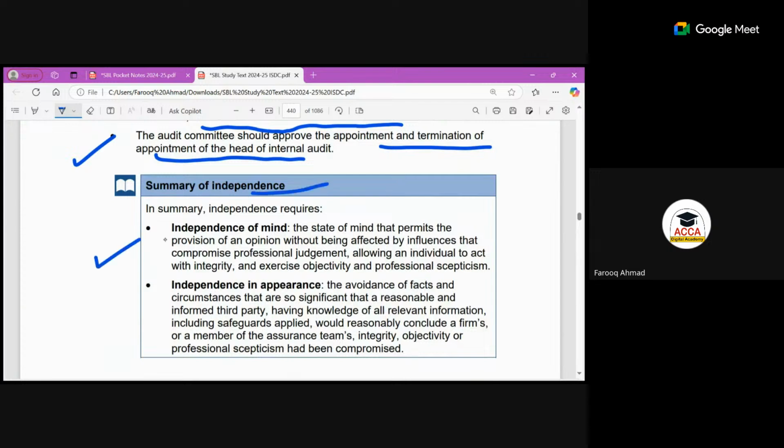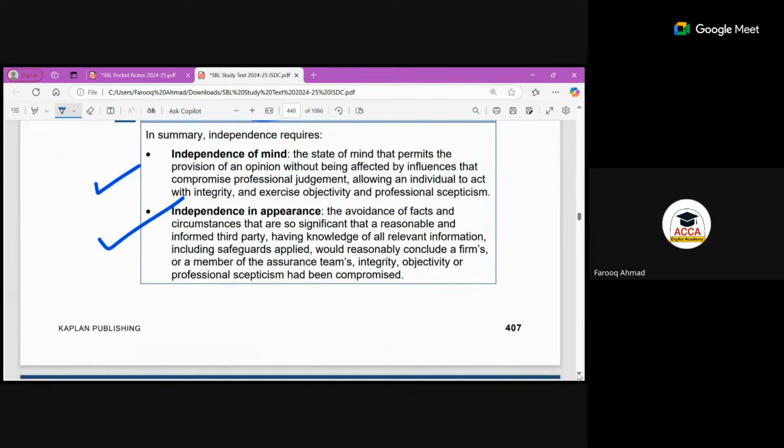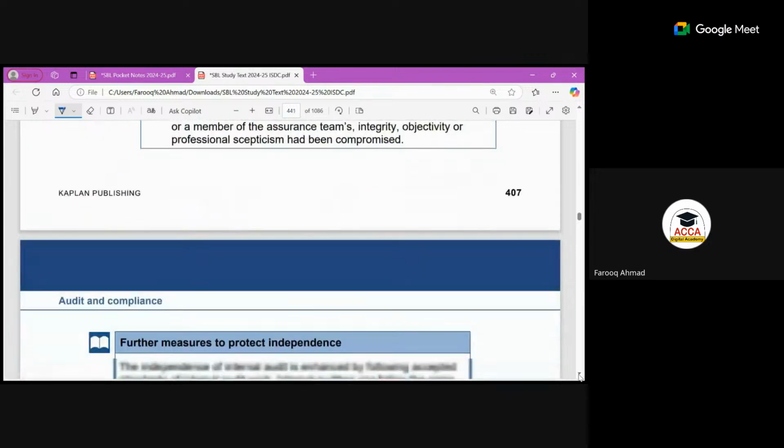Summary of independence. In summary, independence of mind, independence in appearance. This is interesting. Have a read. Very easy. But remember, professional skepticism is always there. If you are willing to become an auditor, a professional skepticism skill or ability must be there in you, like a questioning mind.